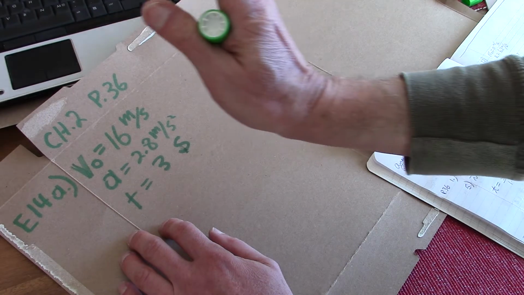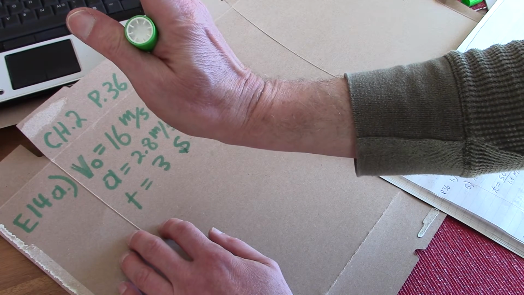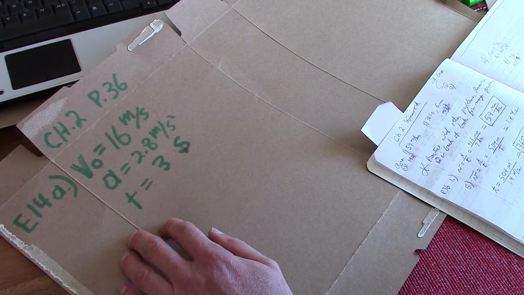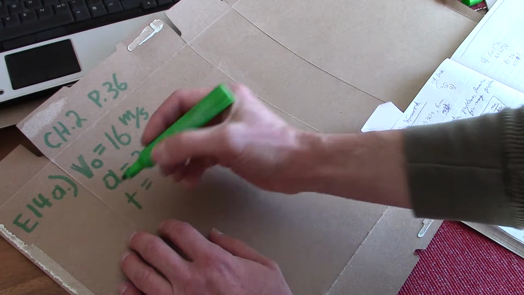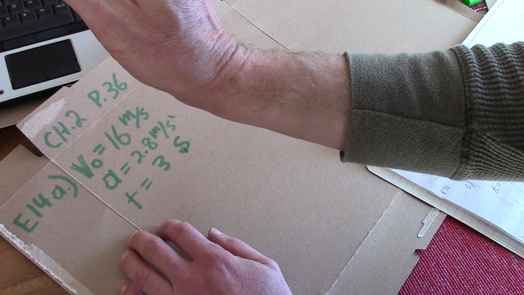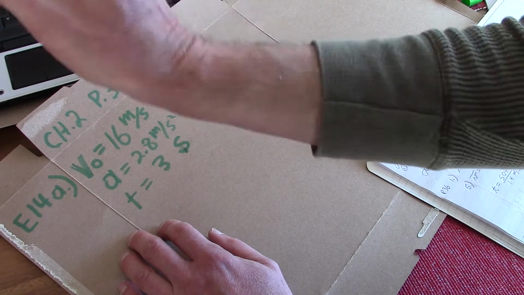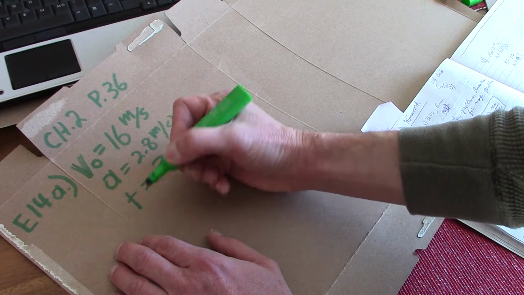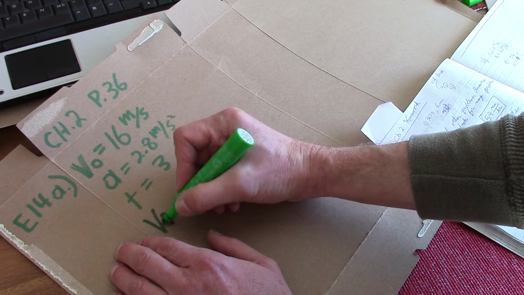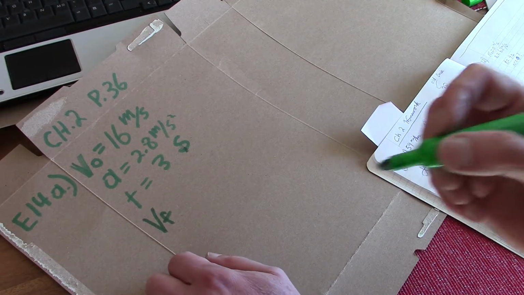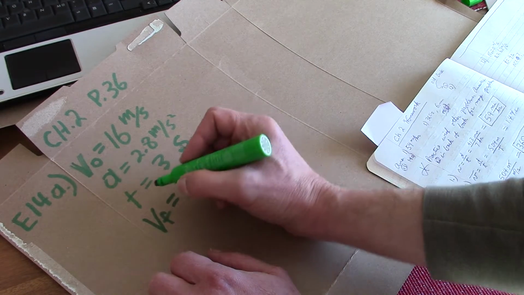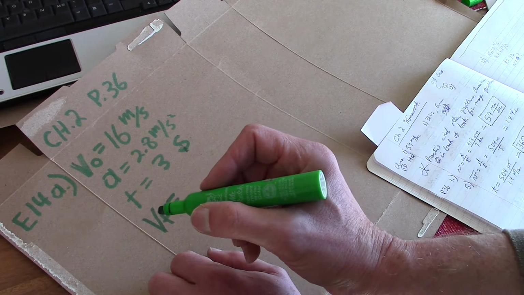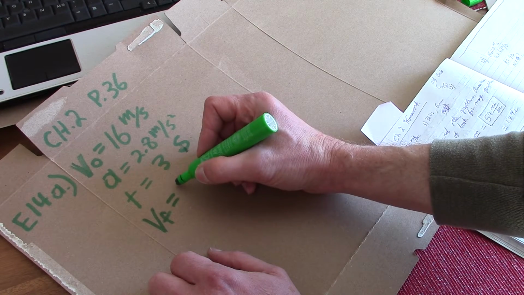Okay, so it has an initial velocity, and then it accelerates for 3 seconds, and you have another velocity. So you just add those two velocities on top of each other, right? You have the velocity, then you've increased your velocity, so you add that on top of your first velocity. So the final velocity is going to be your initial, which we know is 16.